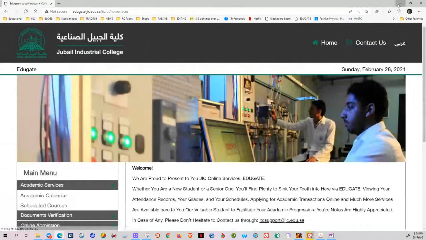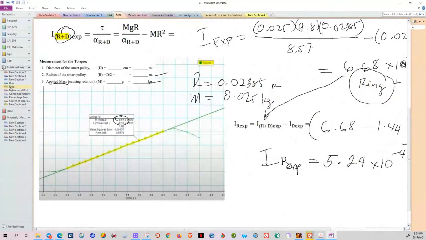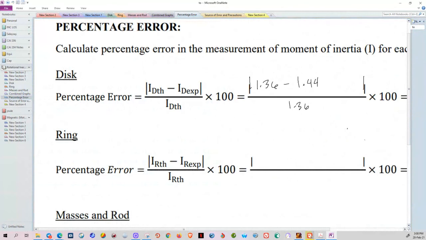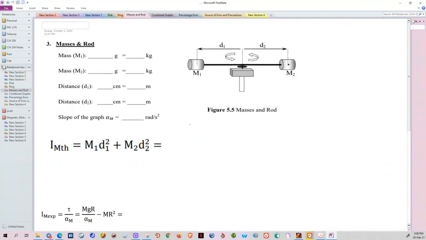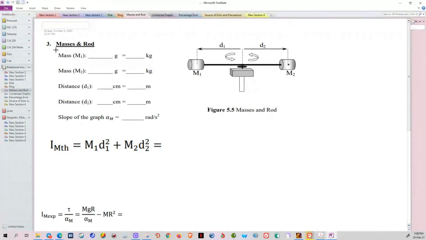Last shape. Okay? Last shape. The ring, you have to make percentage error. I already showed you how to do it. Theory minus experiment, divide by theory, multiply 100%. The last shape is mass and rod. Again, let me repeat so you don't get confused.